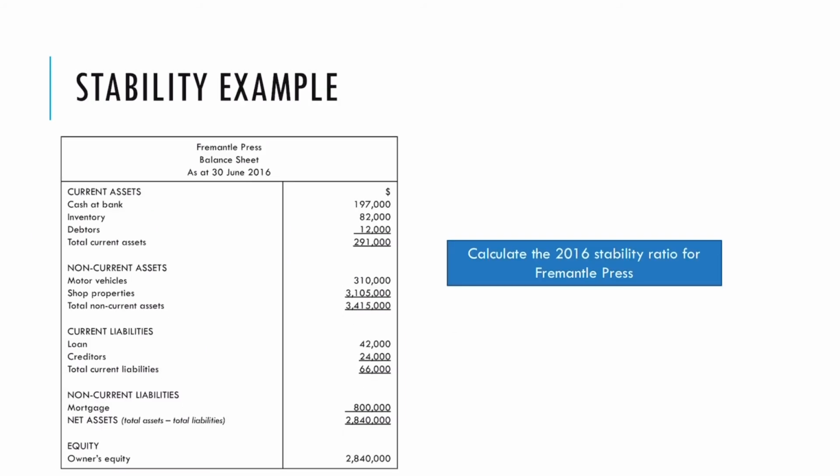So we'll take a look at an example here, and we'll look at the stability figures for Fremantle Press in our 2016 balance sheet. Now, remembering that our ratio is going to be total liabilities over owner's equity.